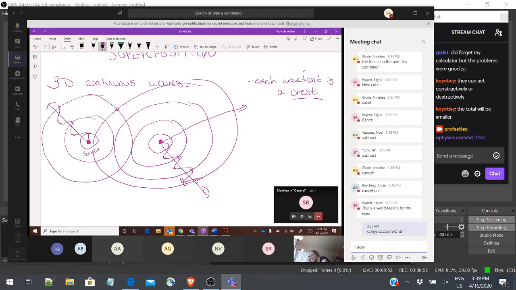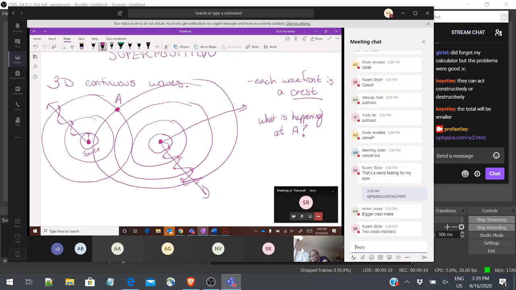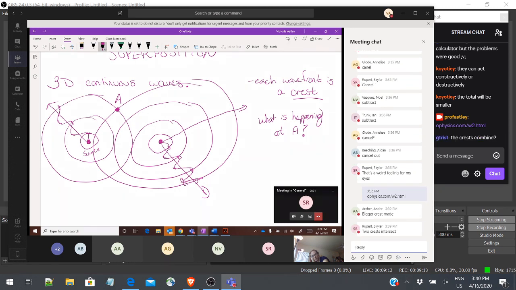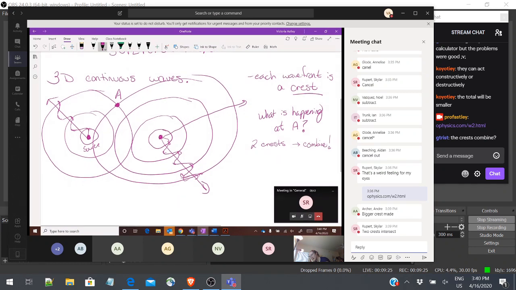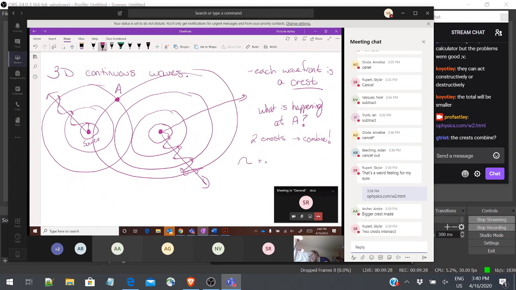Okay. What is happening at this location? Location A. I have two crests, crest combined. Two crests. So they combine. So I get one like this plus one like this. I get double crest. Double crest.